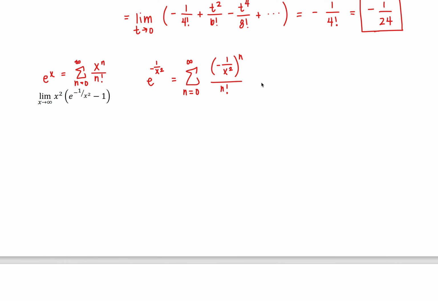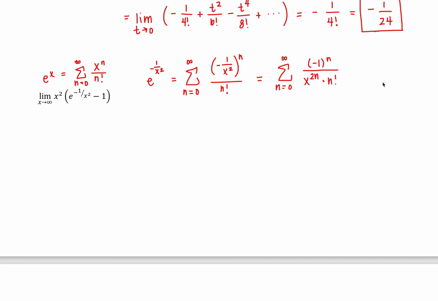And you could rewrite this as the sum from n equals 0 to infinity of negative 1 to the n power over x to the 2n times n factorial.